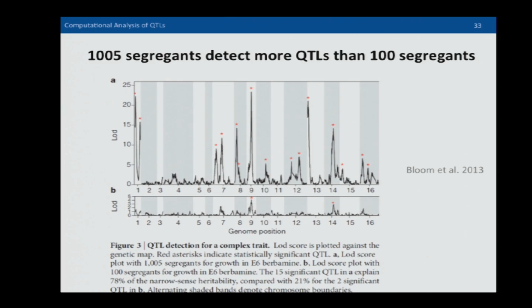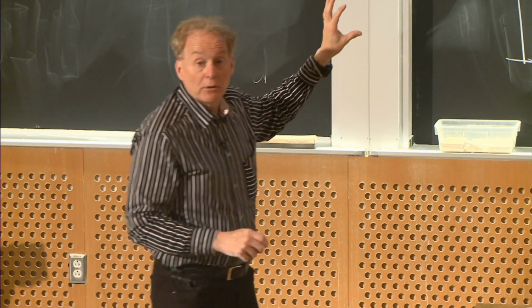And in the bottom, the same procedure was used, but only on 100 segregants. And what you can see is that in this particular case, only 2 loci were discovered that explained 21% of the variance. So the bottom study was grossly underpowered.